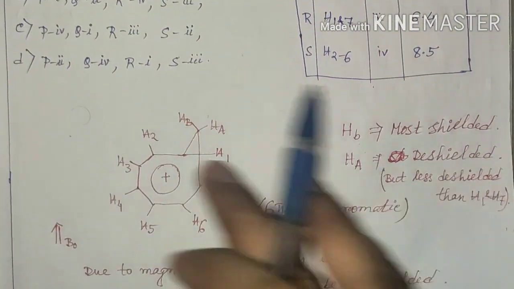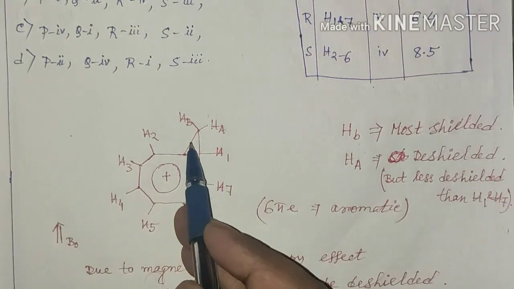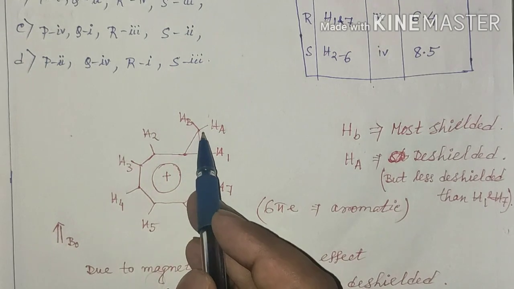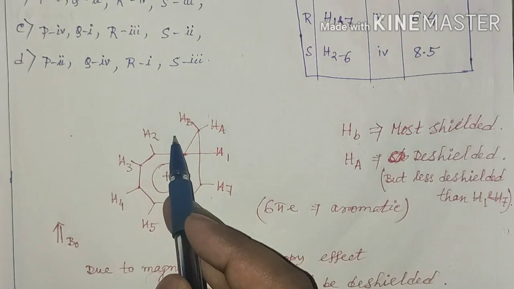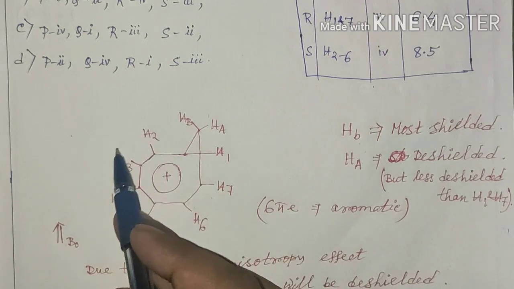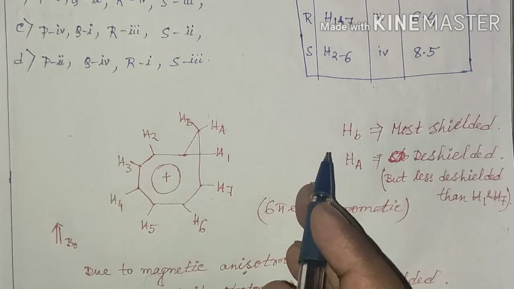Now from the structure we can see that only Hb proton is inside the ring and all the protons from H1 to H7 and Ha are outside the ring.